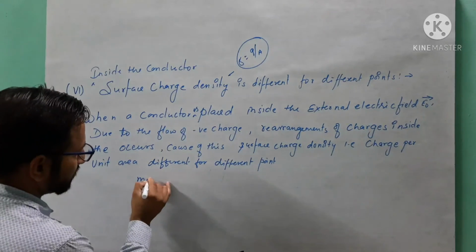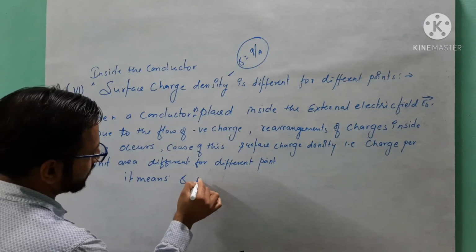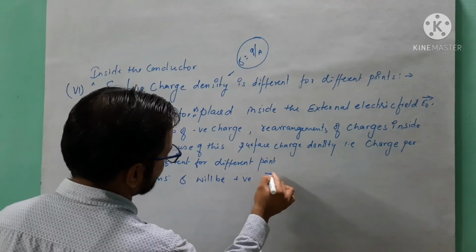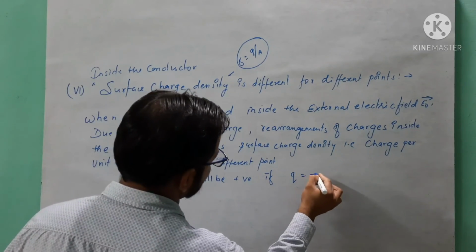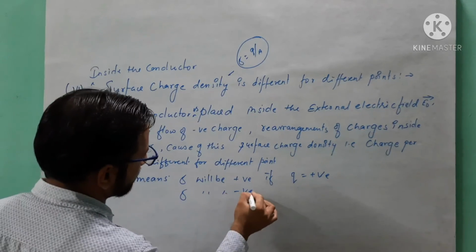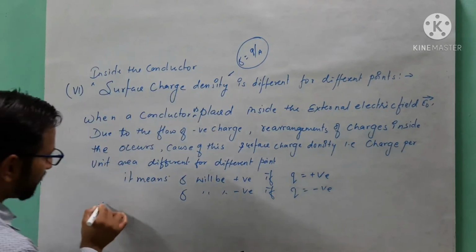It means sigma will be positive if Q is positive, and sigma will be negative if Q is negative.